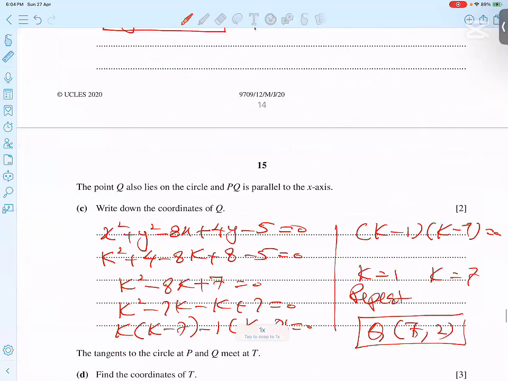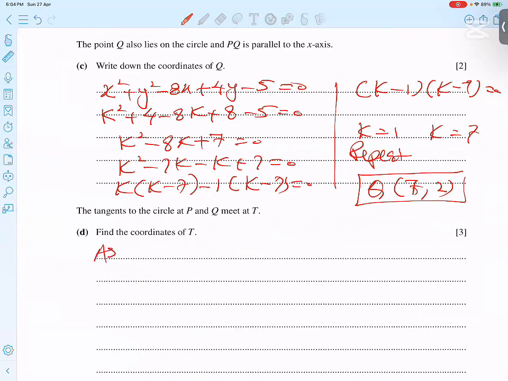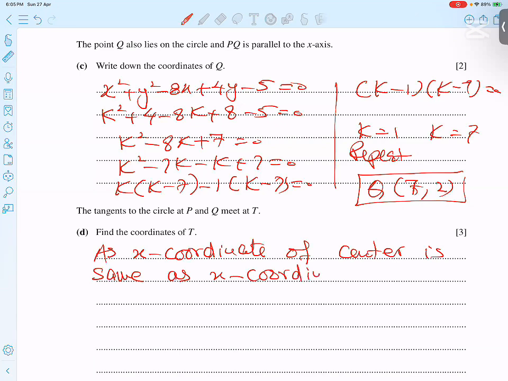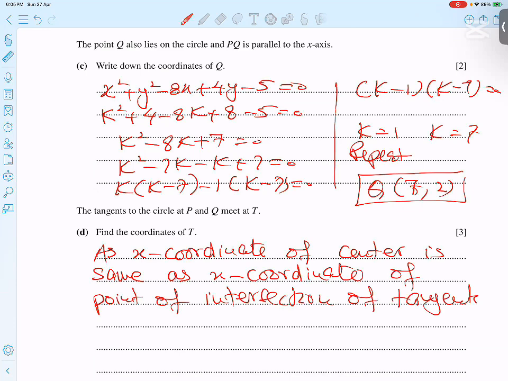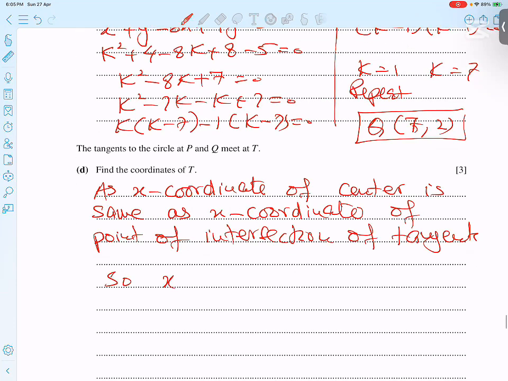I write a statement: the x coordinate of the center is the same as the x coordinate of the point of intersection of tangents. So this is clear: the x value of T is 4.